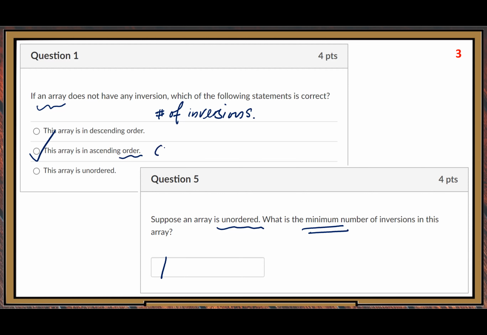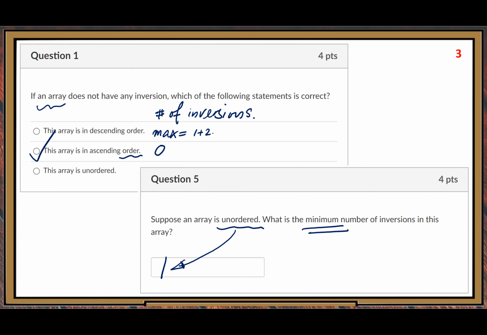So this time the minimum is 0. But for unordered, the minimum is 1. So ordered minimum is 0. Descending order, that's the maximum case.